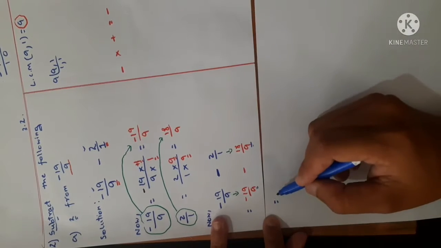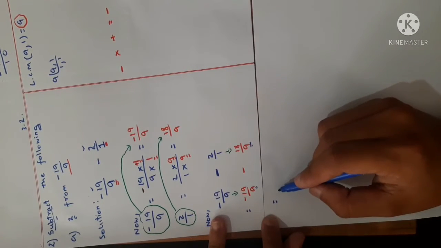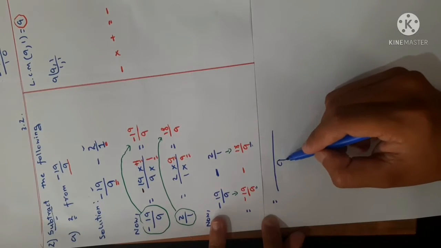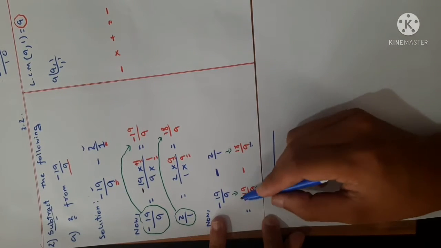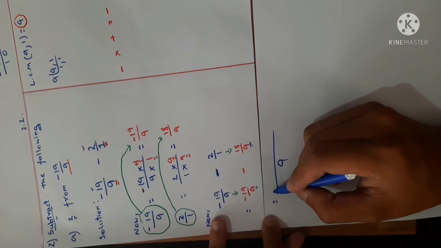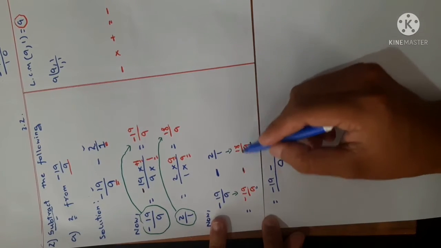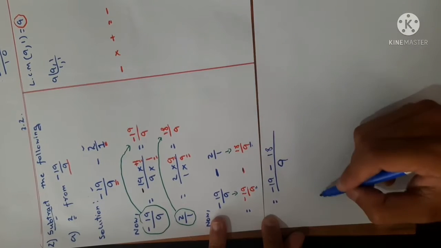So what do we do? Since they are of the same denominator, we just write only the denominator, which is 9. Again, we just write the numerator, minus 19. This is a minus. Don't forget this minus 18.